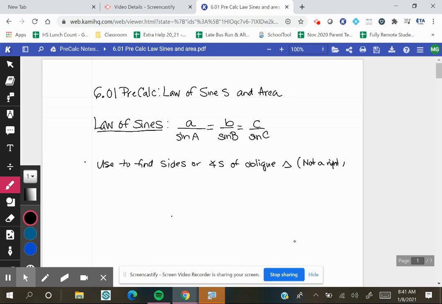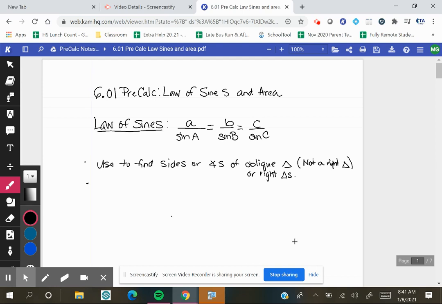For right triangles, you can use Pythagorean theorem and SOHCAHTOA, your right triangle trig. Now, this can be used on right triangles as well, but since we have those other options, we sometimes use those instead.